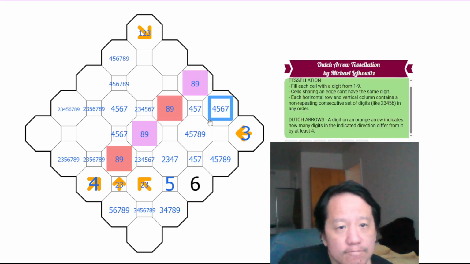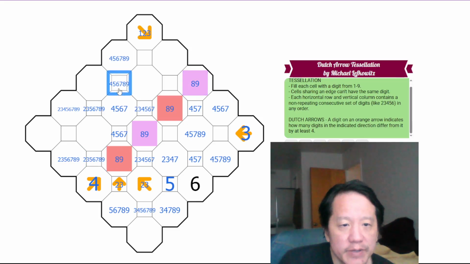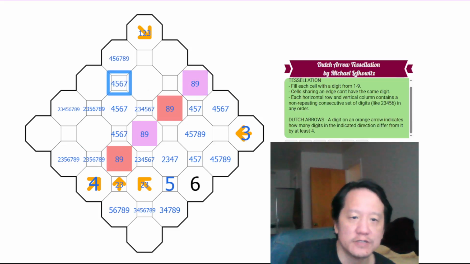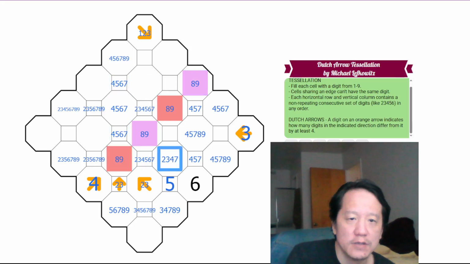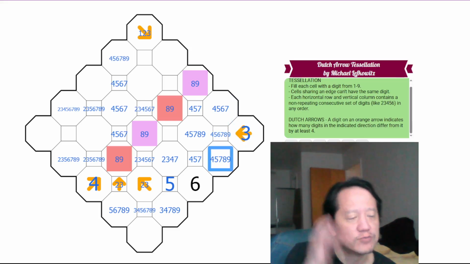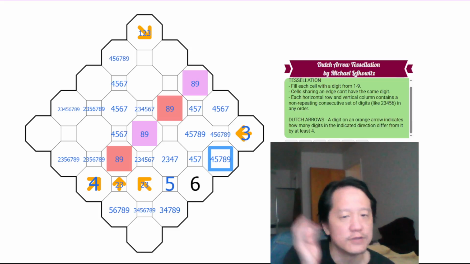Okay. This 8 and 9 pair eliminates 8 and 9 here because it's red and pink. This is 4 through 9. Because again, this cannot have a 3 here, so that eliminates anything that includes a 3 on this Renban.